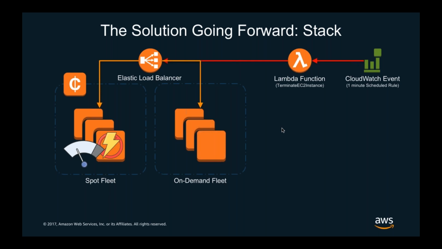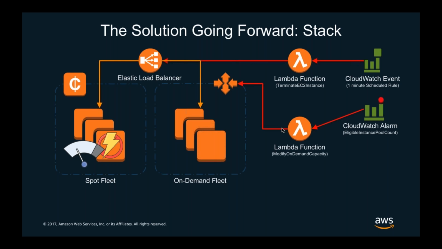After 2 minutes, the instance is terminated, so the CloudWatch event is triggered, and it invokes the Lambda function to deregister this terminated instance from the ELB. Then the spot fleet launches a replacement spot instance to meet your capacity.